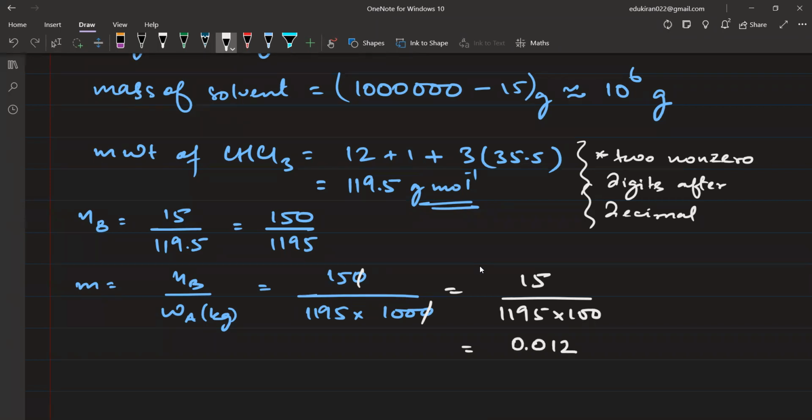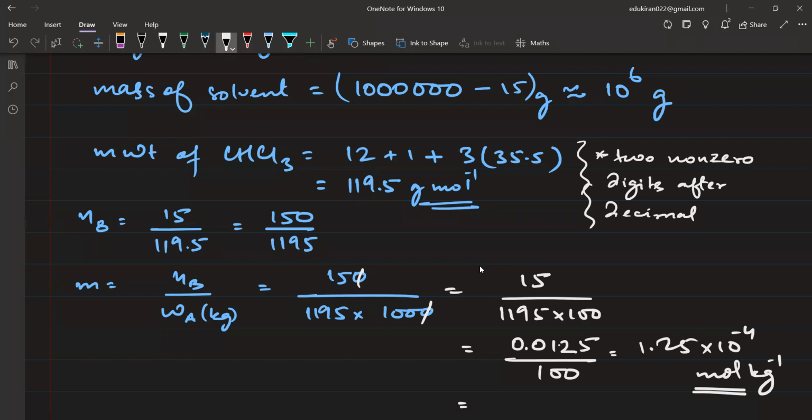Yeah, that is correct. 0.0125 के करीब आएगा. Okay, divided by 100, right? This will be equal to how much? 1.25 into 10 to the power minus 4 moles per kg.